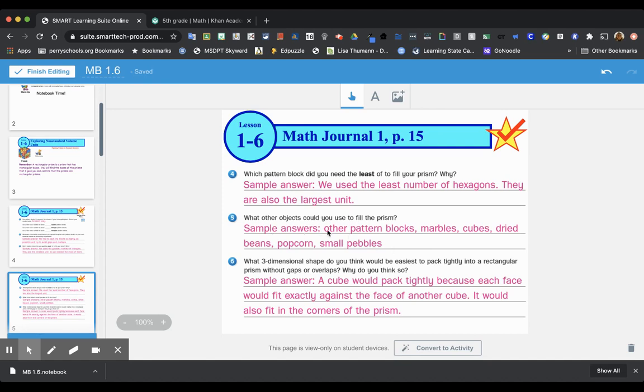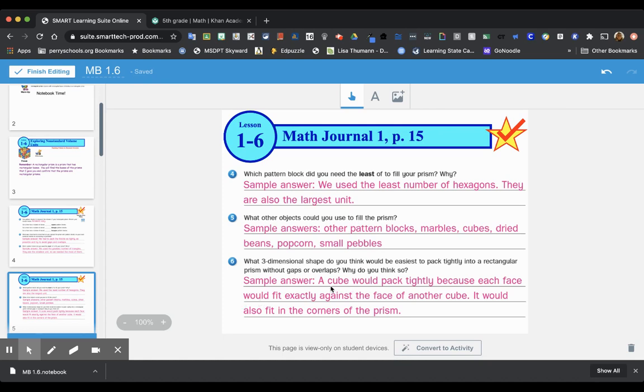So last week when you measured your cylinders that you created at home, you could have used pattern blocks, marbles, cubes, beans, popcorn, Kleenexes. You could use those to fill up. What you want is something that's consistent though, okay?